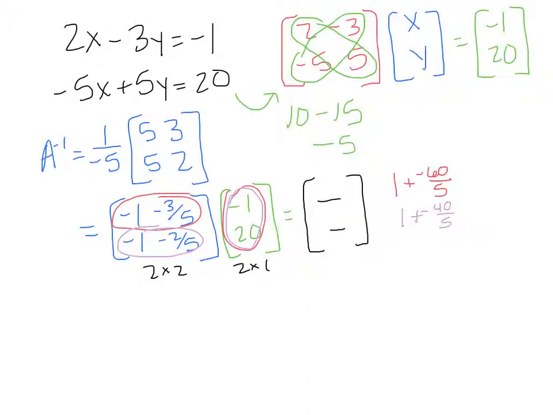But here you can really easily figure out what these two things are, because this is just going to be 1 minus 12, which is negative 11. And this one is just going to be 1 minus 8, which is negative 7. So we can see that at the end of the day, x equals negative 11 and y equals negative 7. This one was a little bit faster. Those fractions were a little bit nicer to deal with.